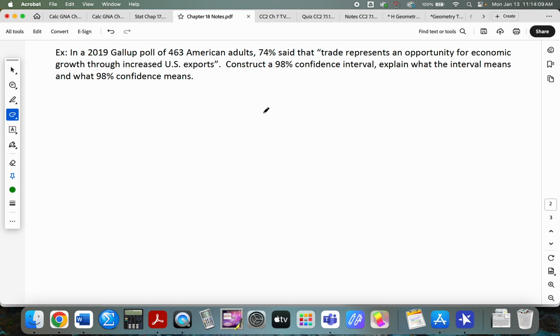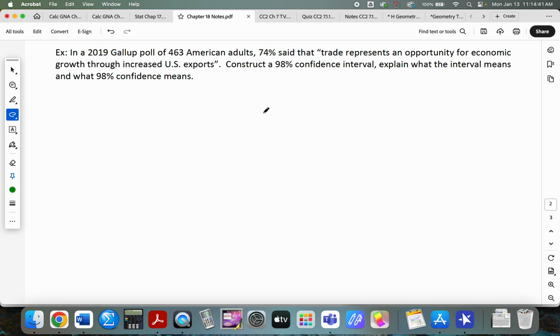So let's say we do this and we get a 98% confidence interval. 98% of the samples that I take would give me an interval that includes the true proportion of the population.